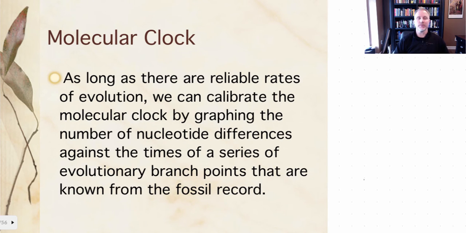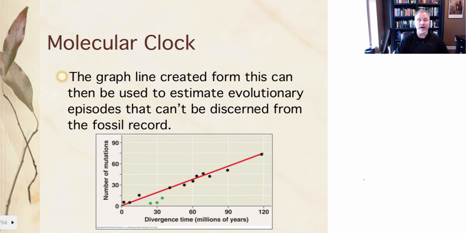Now, if we're looking at this molecular clock, as long as we have a reliable rate of evolution, we can calibrate that clock by graphing different nucleotide differences against the times in a series of different changes that have occurred and changes that we know have occurred based on some of the information that we have, for instance, from the fossil record.